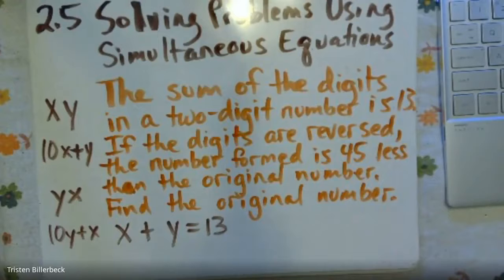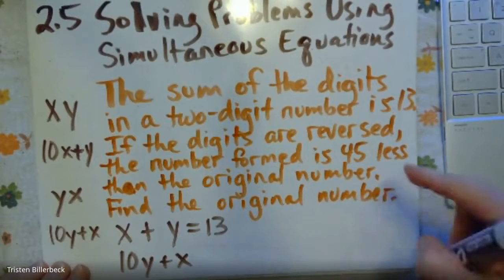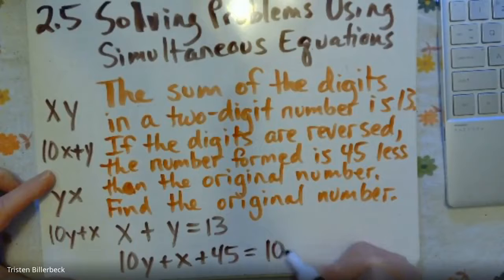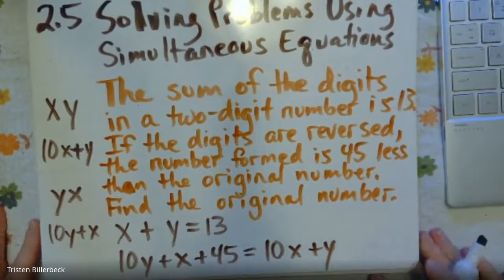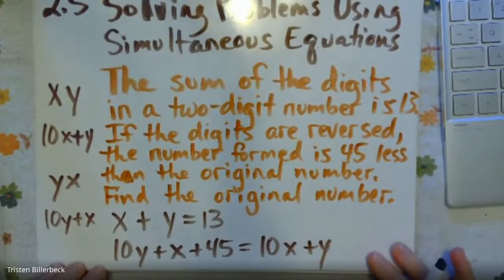Kind of interesting. So we could say the reverse number, 10y plus x, if we add 45 to that, it should equal 10x plus y. Okay, so we have two equations now, and that's what we need if we have two variables.